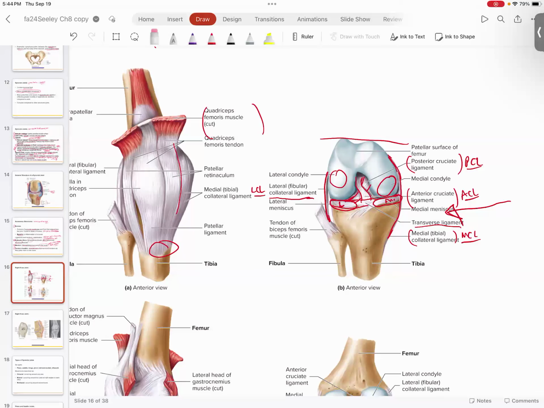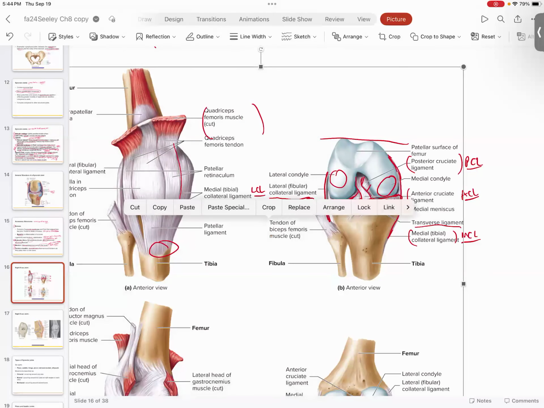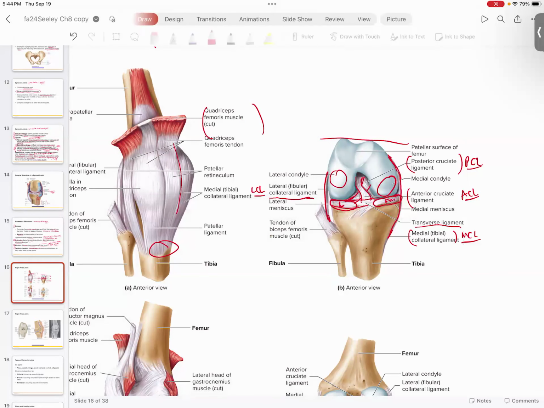So the direction you're probably going to take the blow is not from the medial side, but from the lateral side, because that's the exposed side. That's where the defensive tackle is going to grab you. When that happens, it's going to cause your knee to buckle inward. So the lateral ligament is going to slacken, but the medial ligament is going to stretch and snap.